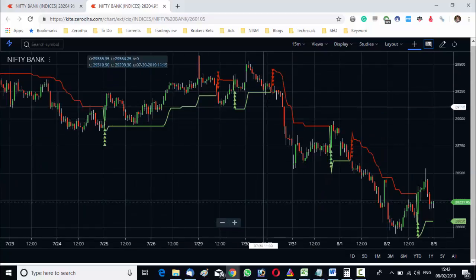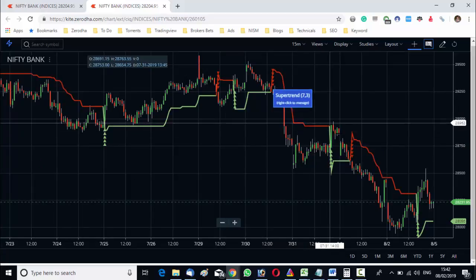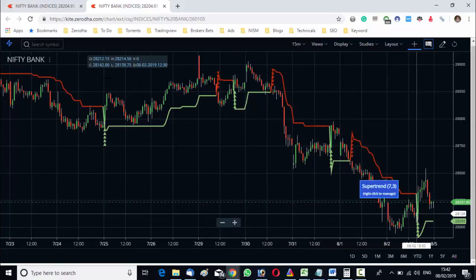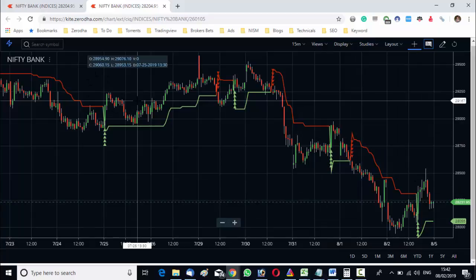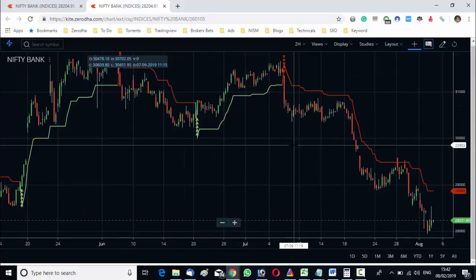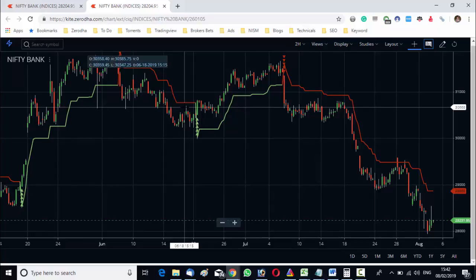You can see 15 minutes chart will also give you good amount of profit. Few signals can miss, but that is a part of the game. Even on the default parameter, Super Trend will be profitable most of the times. So for intraday trader, trade on 15 minutes time frame, and if you are a positional trader, definitely trade on 2 hours time frame. That will give you maximum amount of profit.